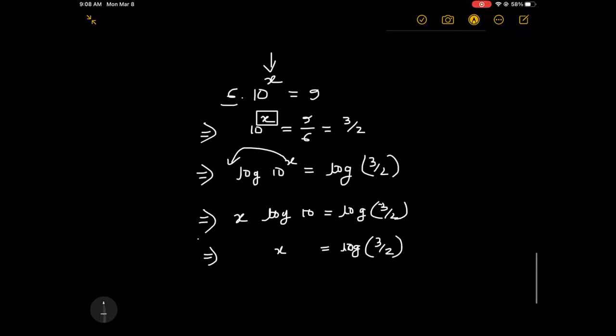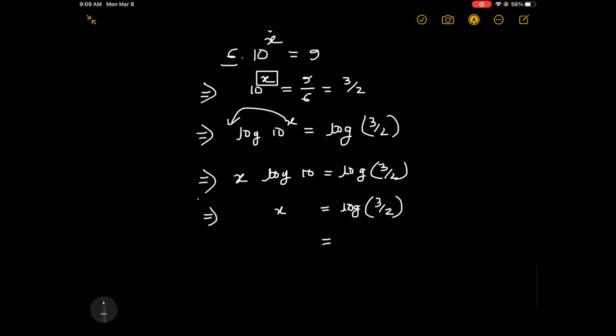We have finally isolated this. If you have the calculator, you can plug in log of 3 halves, or you can write log of 1.5, whichever looks good to you. This is technically the same thing, which will give you 0.1761 up to 4 decimal points. So this is your answer.